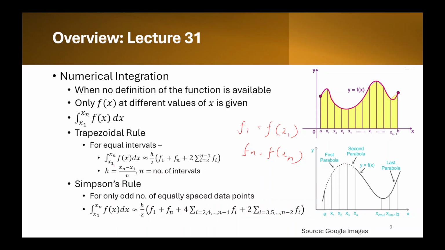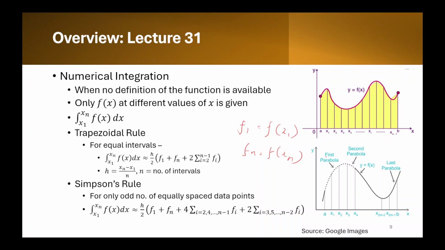And here h is basically (xn minus x1) upon n, where n is the number of intervals. These are the data points from a to b.